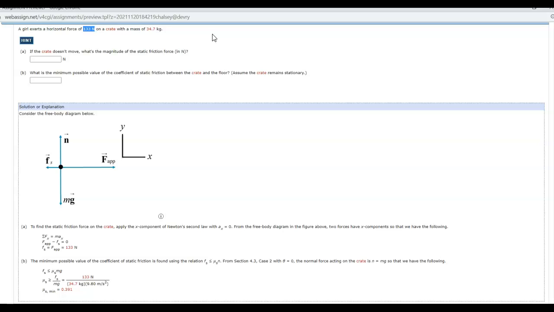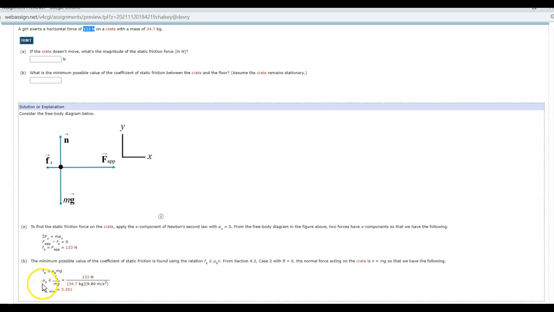What is the minimum possible value of the coefficient of static friction between the crate and the floor? Assume the crate remains stationary. Okay, so here we're looking at the static friction has to be less than or equal to the coefficient of static friction times the mass times the gravity.